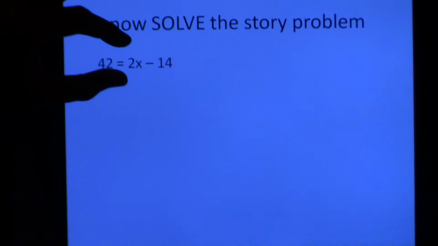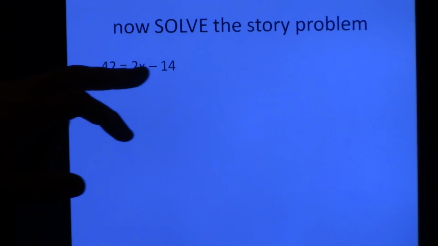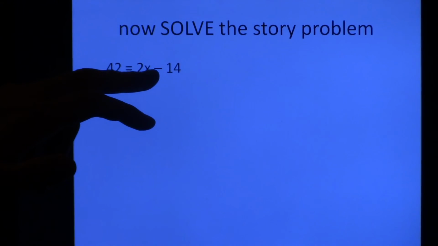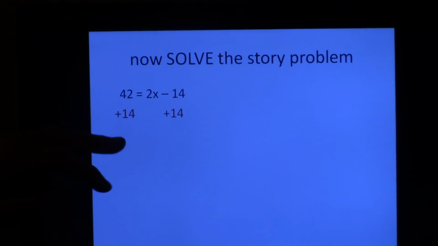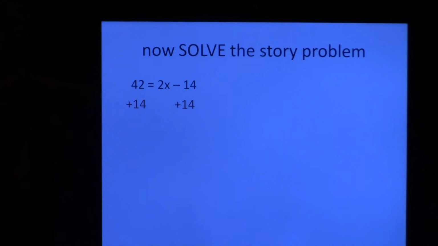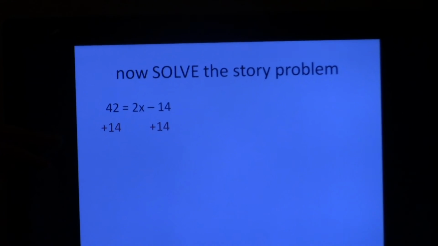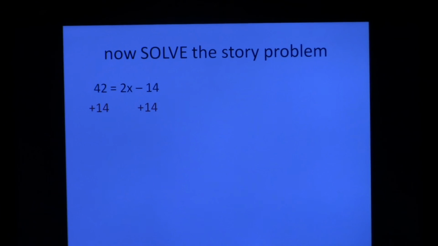So we have that 2x, and that is attached to the x, so we probably don't want to divide by 2 first. We're going to want to add 14. When we add 14 to both sides of the equation, can't stress that enough, make sure you're doing it to both sides, otherwise you're not going to maintain the balance.